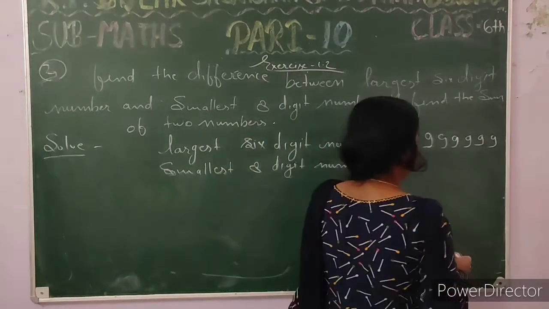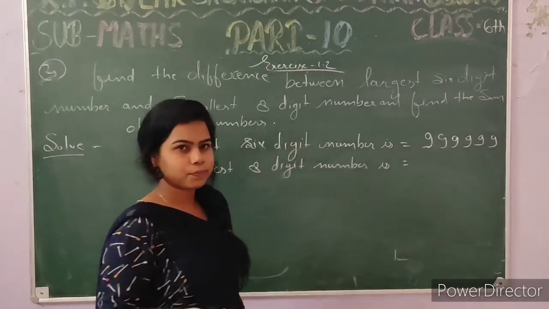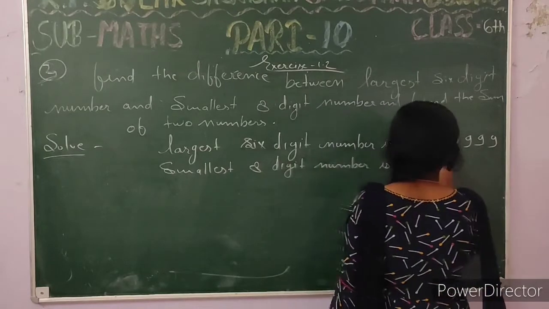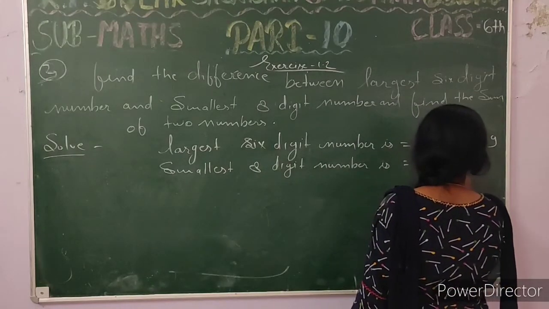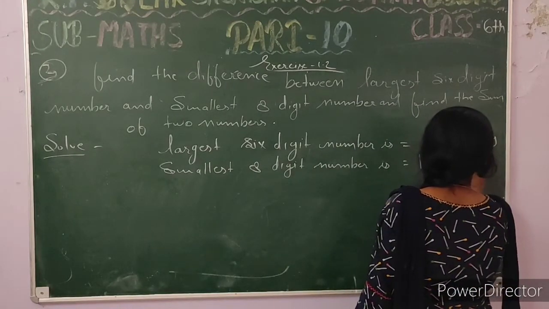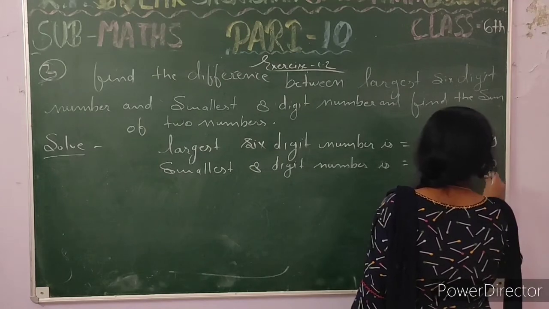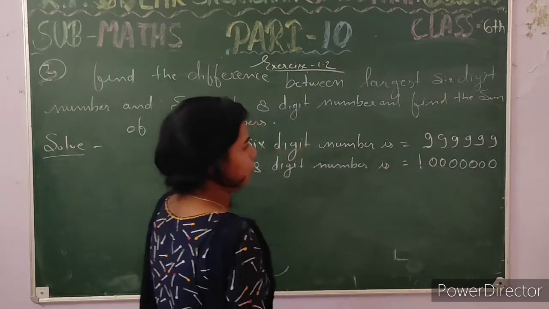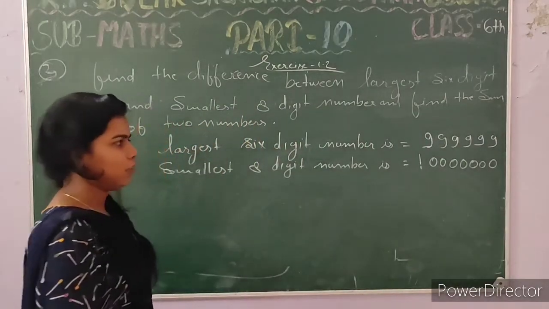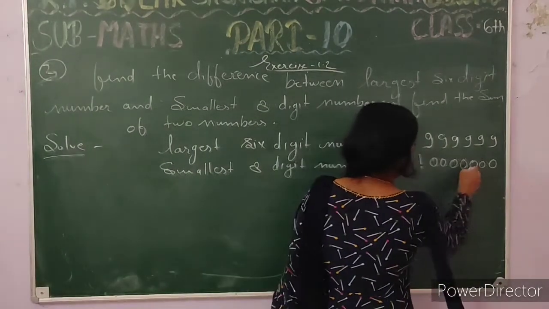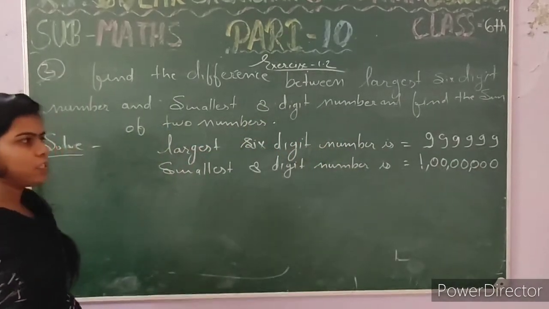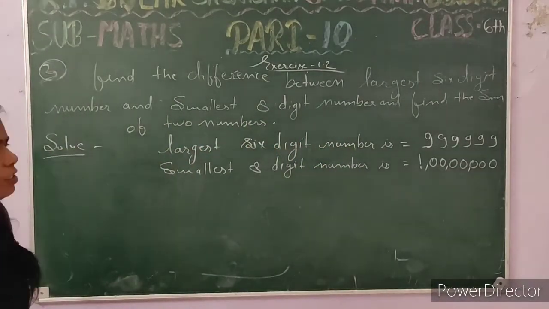So we can easily say that the smallest 8-digit number is 1 followed by 7 zeros, which means 1 crore. The smallest 8-digit number is 1 crore.